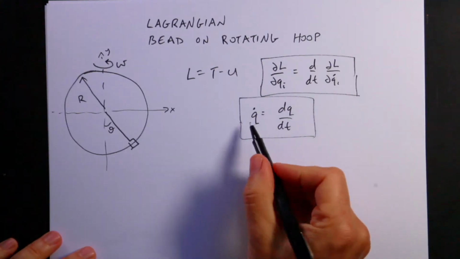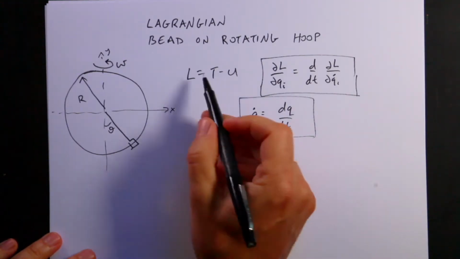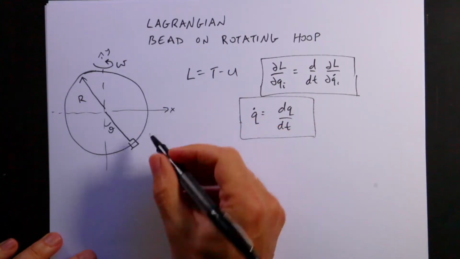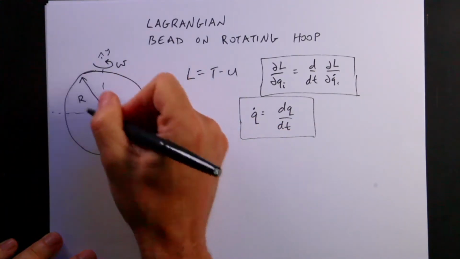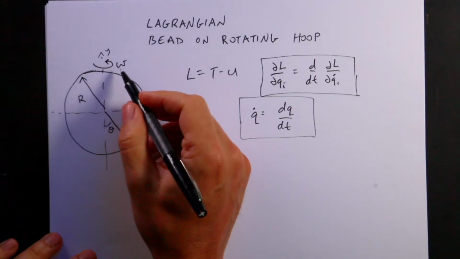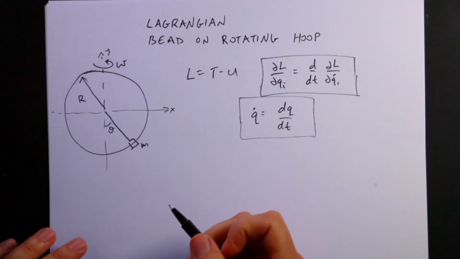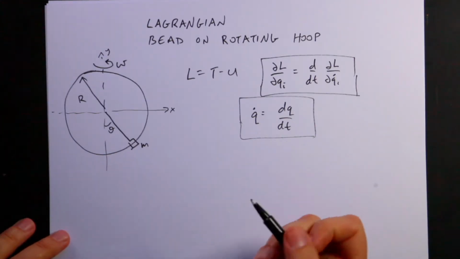So we have to get the kinetic energy and the potential energy. So what's the kinetic energy of this mass? Let's say it has a mass m, the radius of the hoop is r, and it's spinning with the angular velocity omega. Well, you don't know, right? We don't know what the kinetic energy is. We can't write that in these generalized coordinates.